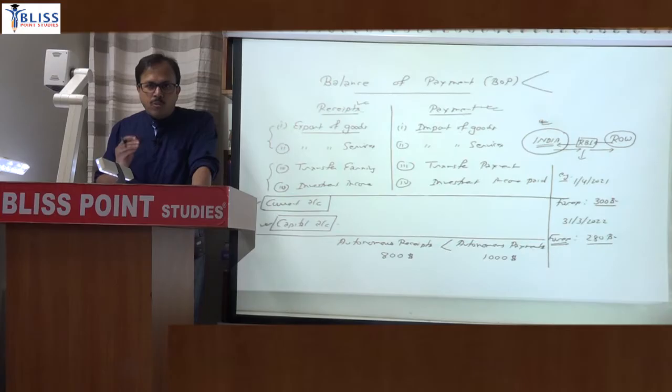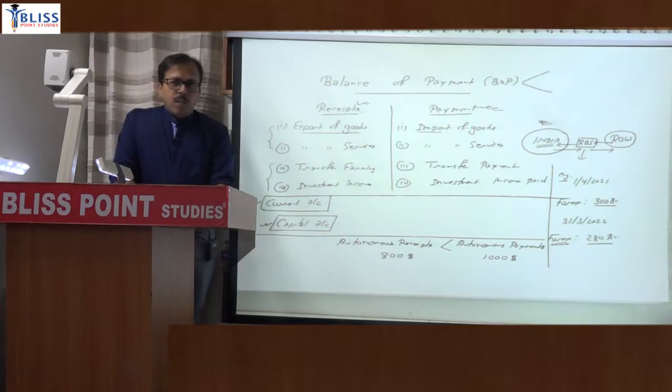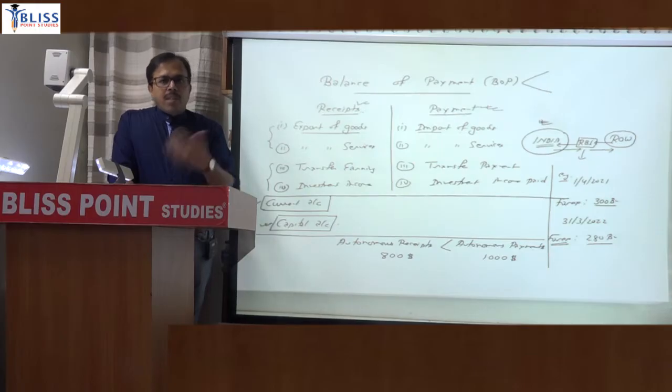So there is a shortfall of 200. From where we can fill that shortfall, because you have to make payment of 1000 but you are receiving only 800? That shortfall can be met by borrowing internationally.